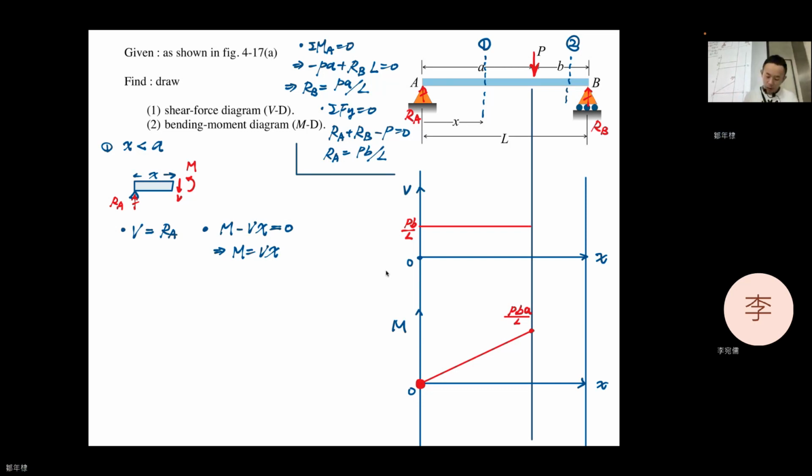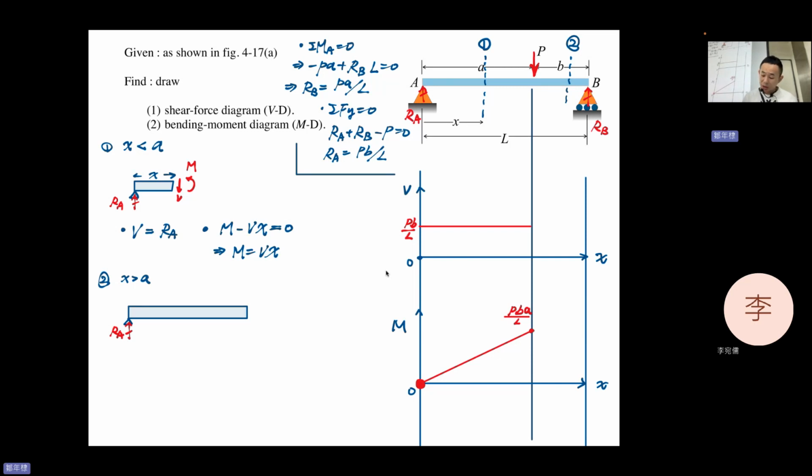Understood? Next one. How about the second, x greater than a? Again, we need to draw it. And here is R_A.